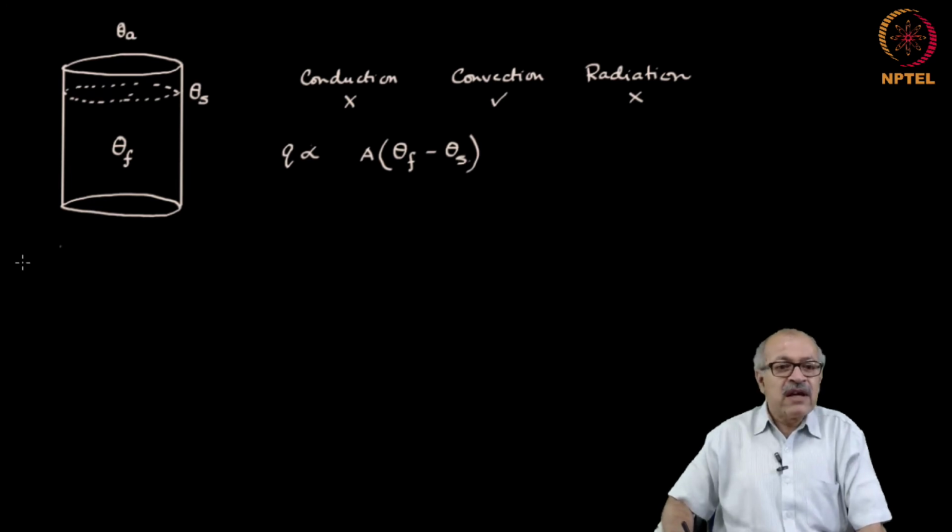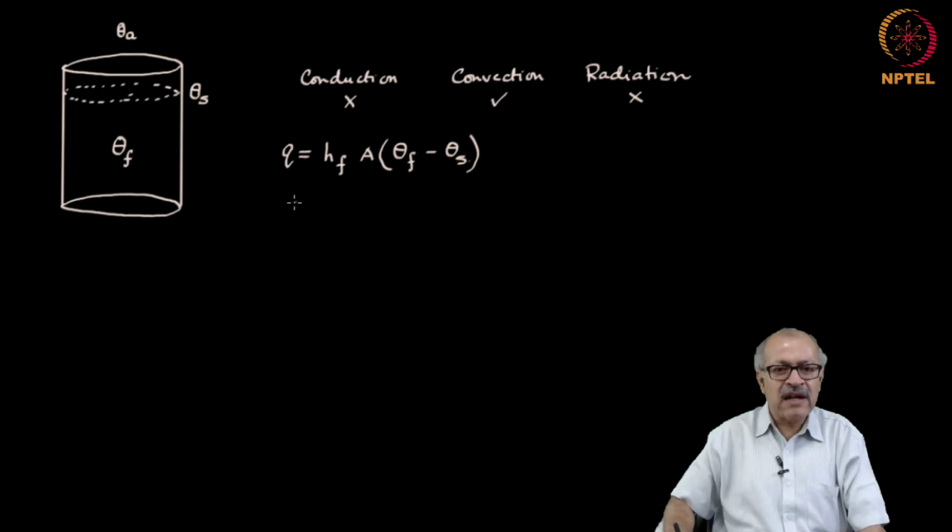And then if we want to express that as an equality, we will have to put some coefficient, let us call it H f, the heat transfer coefficient from the interior of the fluid to the surface of the fluid. Now, the same amount of heat goes from the surface to the air and its heat transfer would also be a convection.